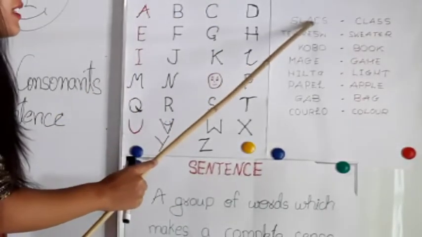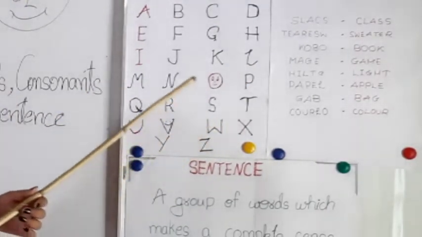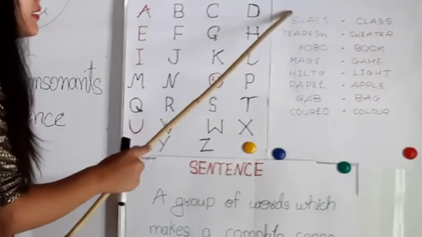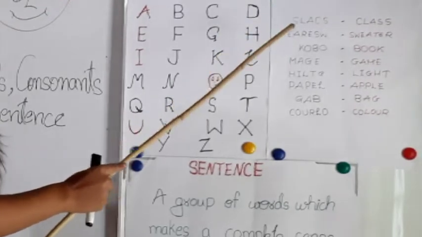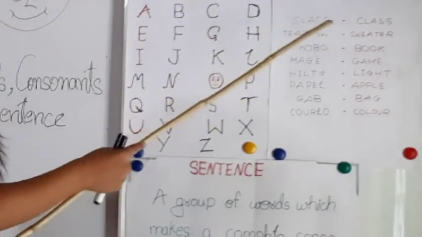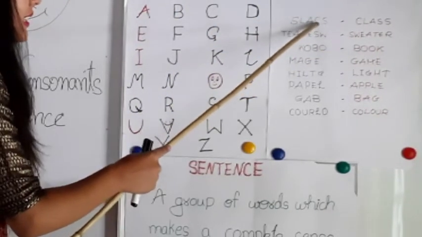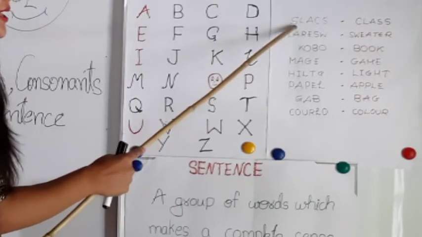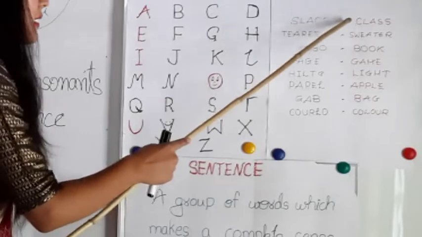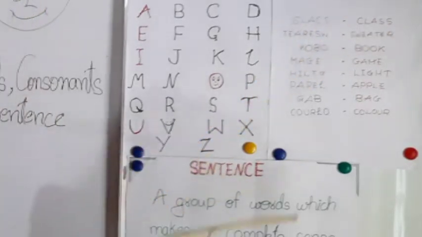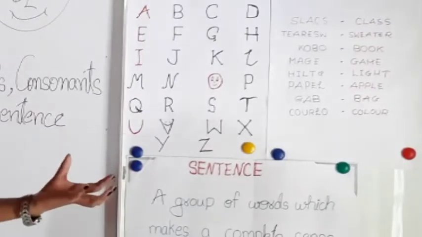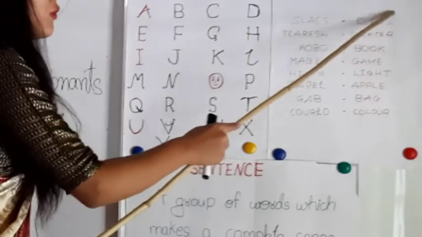It does not give any sense, so it is not a word. Let's rearrange these jumbled letters. So what will it form? C, L, A, S, S, class. It gives meaning, it gives some information, class. So it is a word.